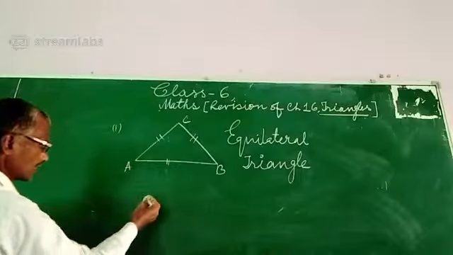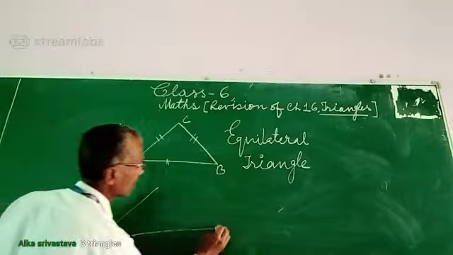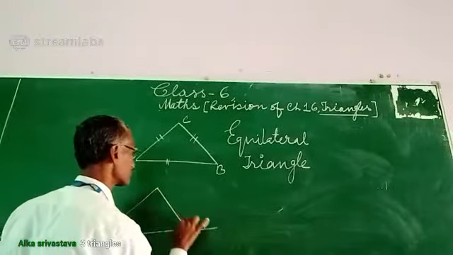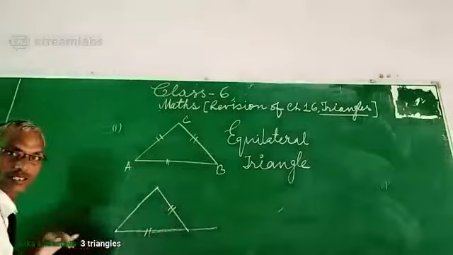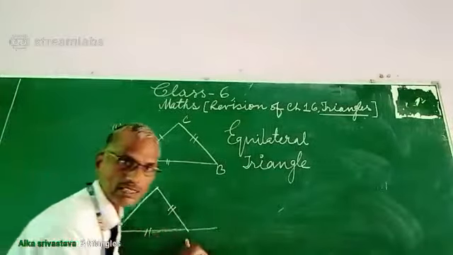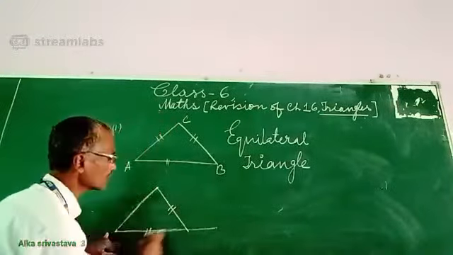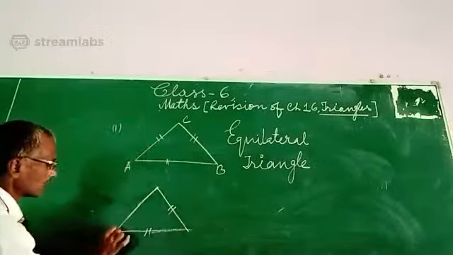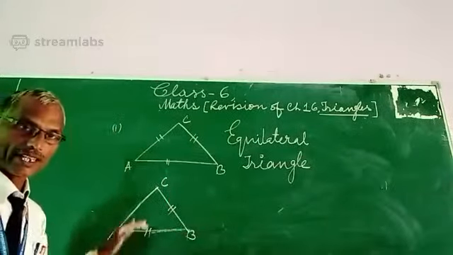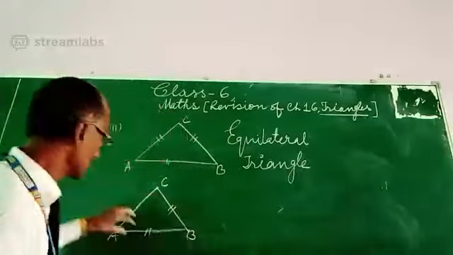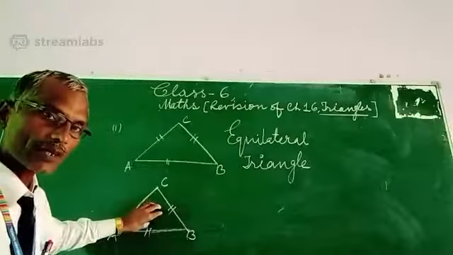A triangle having two sides equal, what is the name of this triangle?